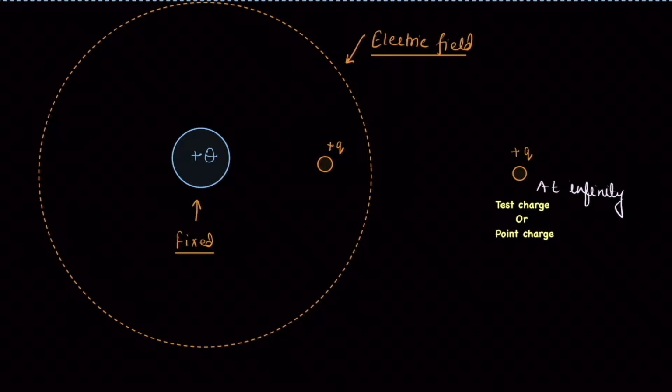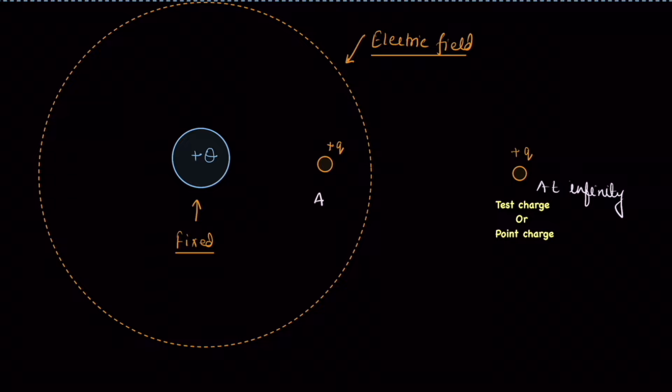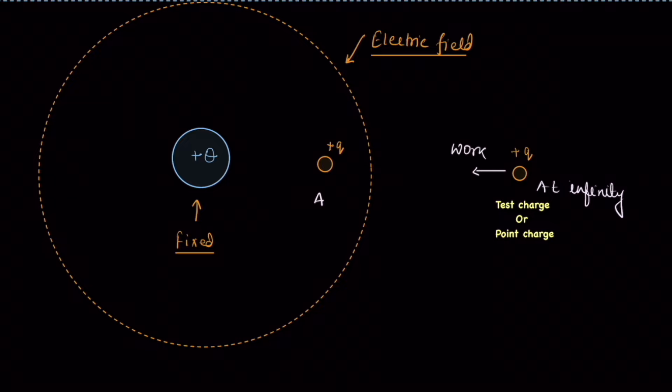So if we consider this point as A, and we have to move the test charge from infinity to A, we have to do a certain amount of work. This work depends upon the magnitude of the test charge. If the magnitude of the test charge is more, we have to do more work. If it is less, we have to apply less work. I hope you understood this point.